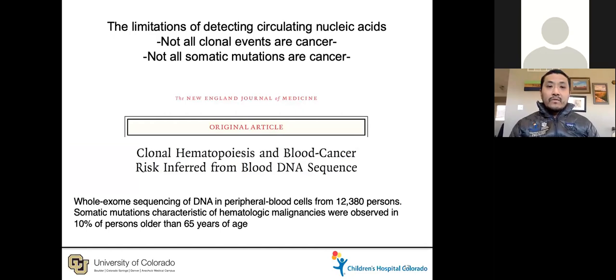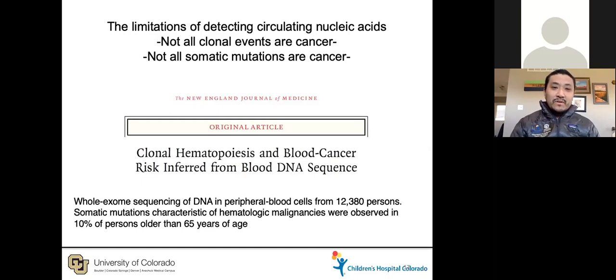One of the challenges in detecting circulating nucleic acids is that, and I'm preaching to the choir in this group, not all clonal events are cancer, and not all somatic mutations are cancer.